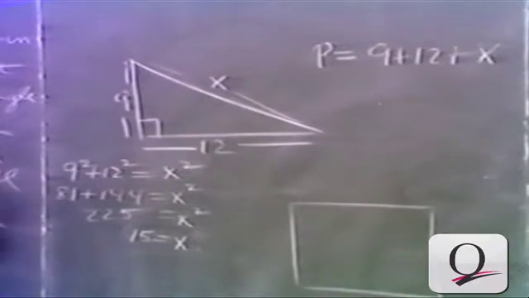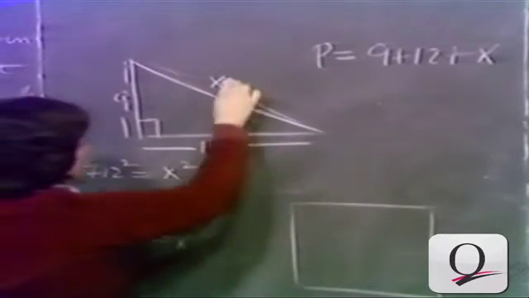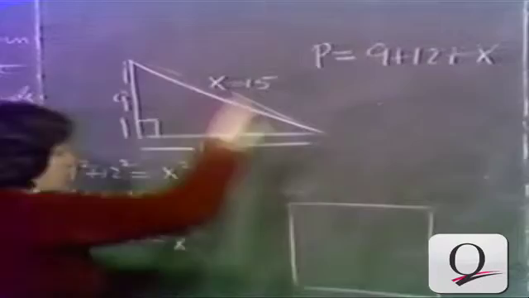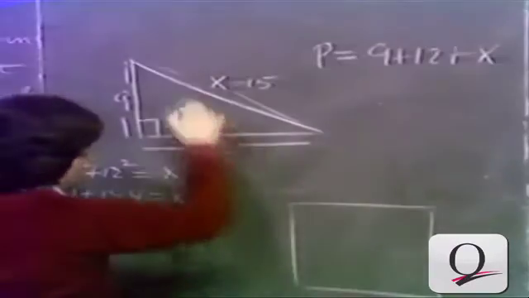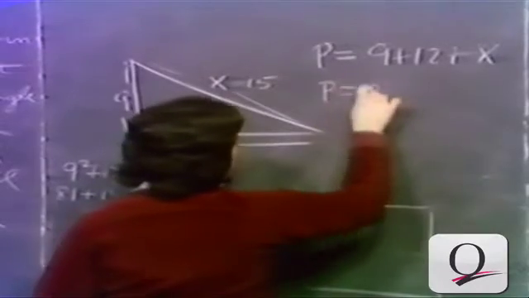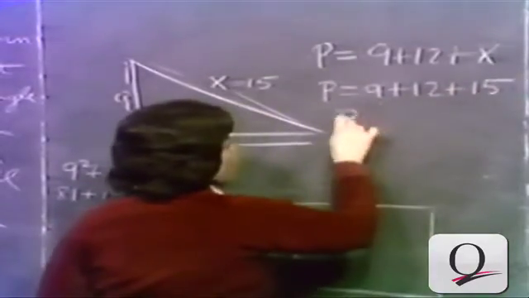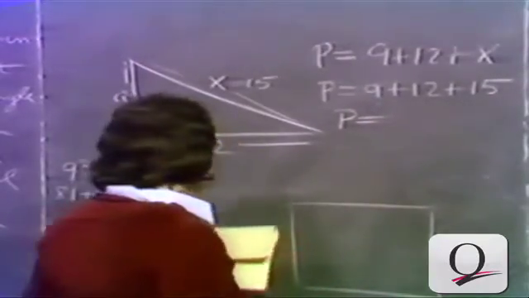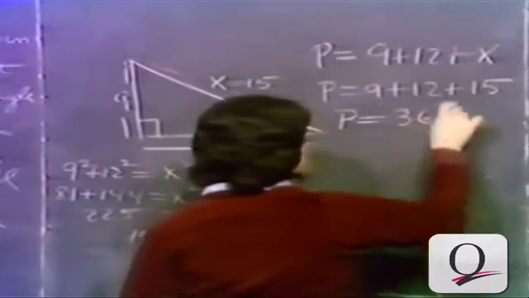Not minus 15, since it's the length of the hypotenuse here. X equals 15. Therefore, the total amount of fencing that he has, measured in feet, would be 9 plus 12 plus 15 feet. Well, the total is 27 plus 9, 36 feet.